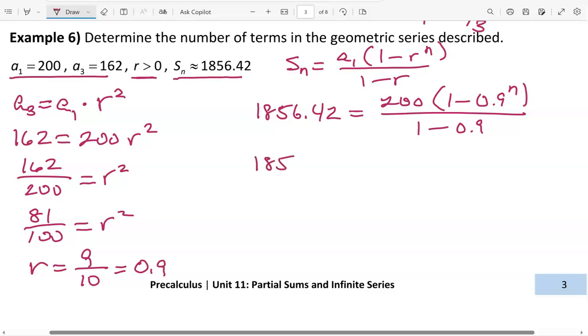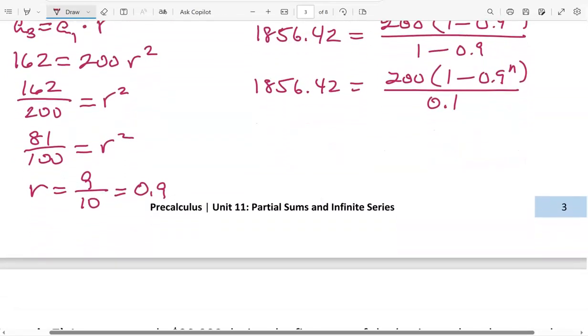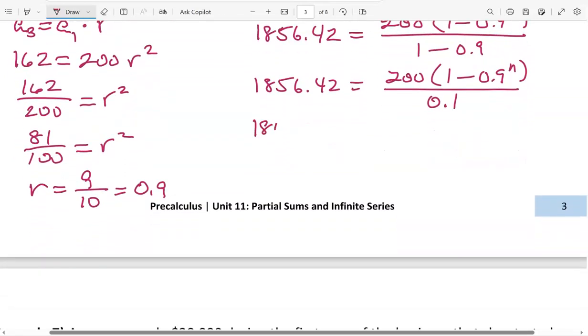So, simplifying, 1856.42 is equal to 200 times (1 minus 0.9 raised to the n power) over, and in the bottom of this fraction we have 1 minus 0.9, which is 0.1. We can now multiply both sides by 0.1, which will give us 185.642 is equal to 200 times (1 minus 0.9 raised to the n power).